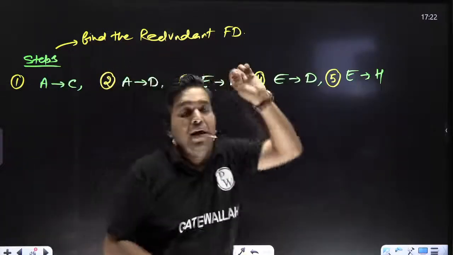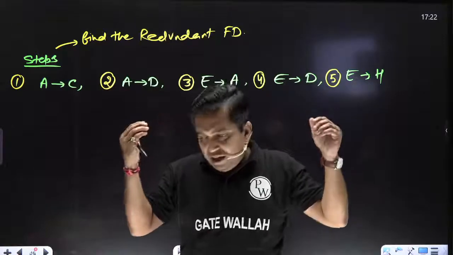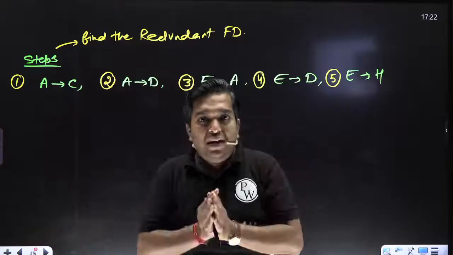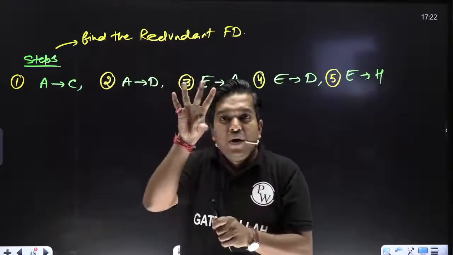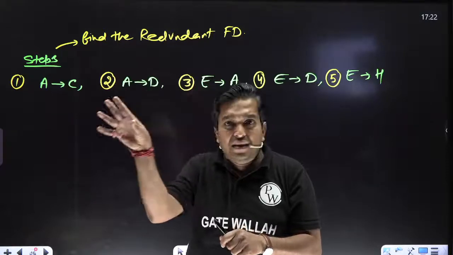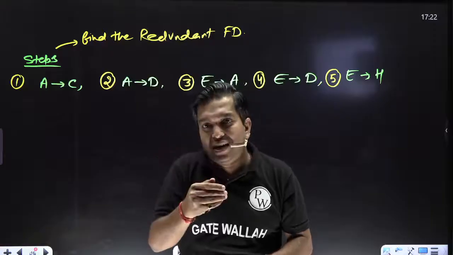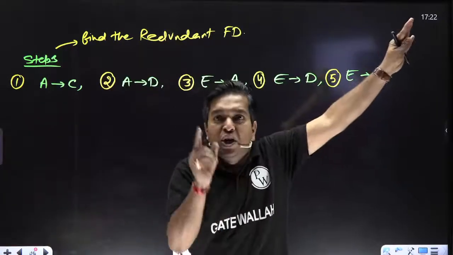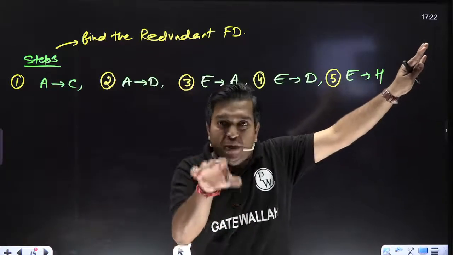For example, Sima, please don't mind, beta. All examples are hypothetical, don't relate them to personal life. Sima, let us assume you have 5 friends, X, Y, Z. Your friend X is extra. When it is extra, if you remove that friend, your work will not be hampered.